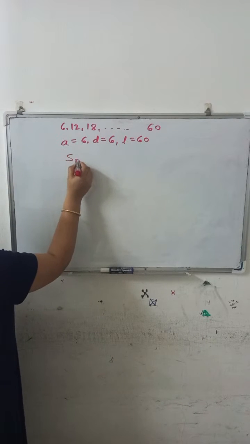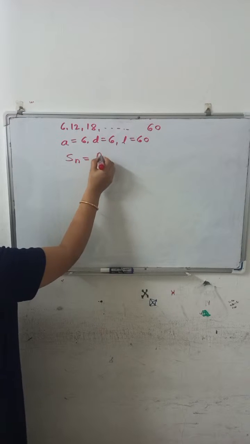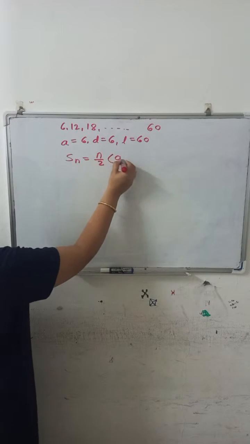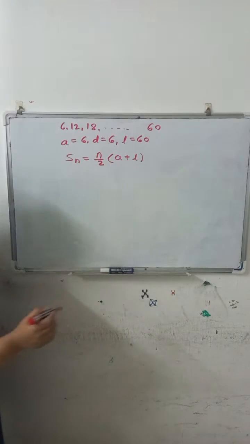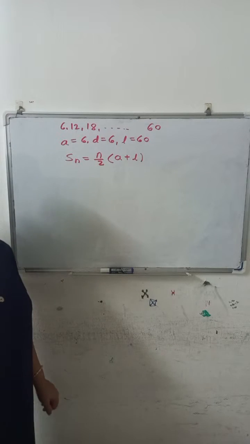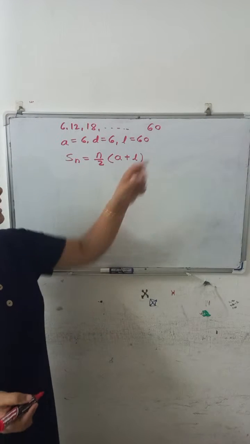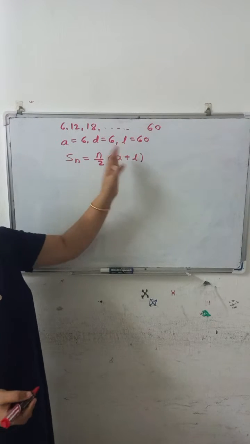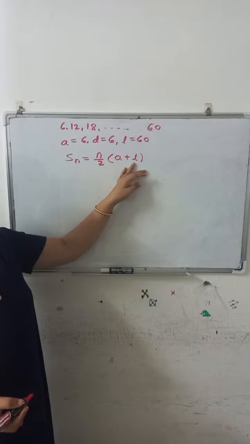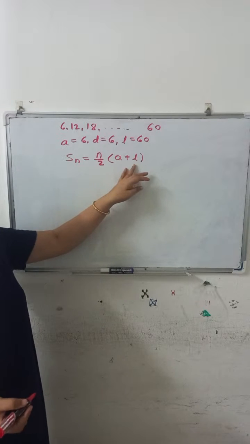So can we use this formula, Sn is equal to n by 2 (a plus l)? I will not use 2a plus (n minus 1) into d. You can use that also, and that also gives the answer. But here we know the last term, so that formula only we modified. Yesterday I gave this formula also, this term as an.